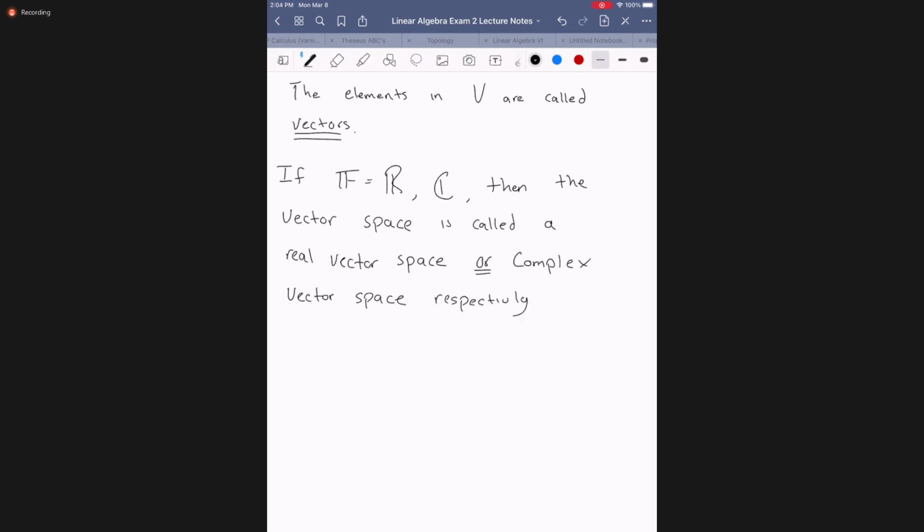So this is what it means to be a so-called real vector space or a complex vector space. In this class, we're basically going to spend all our time in real vector spaces.